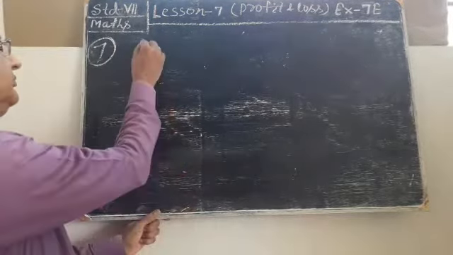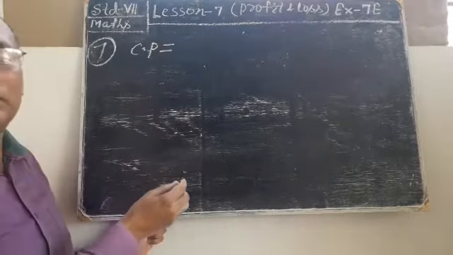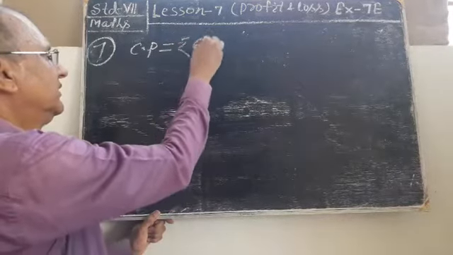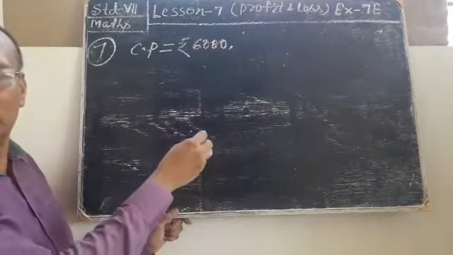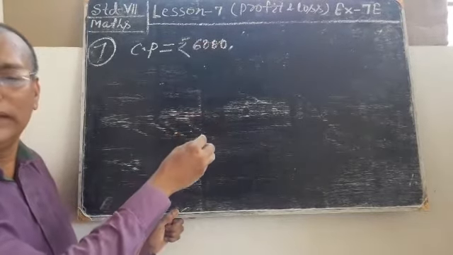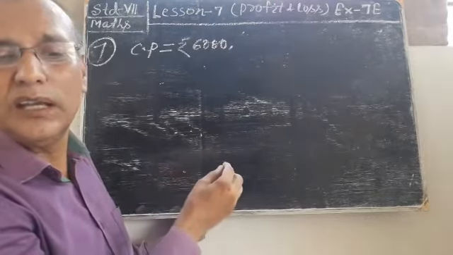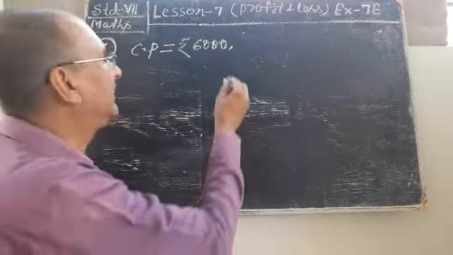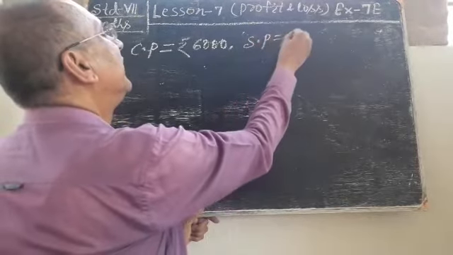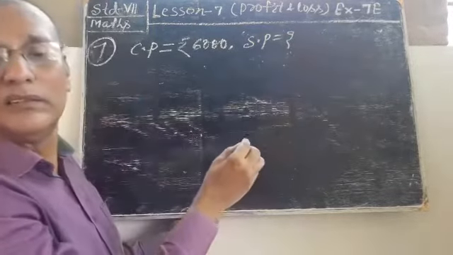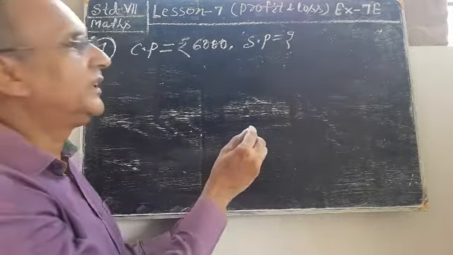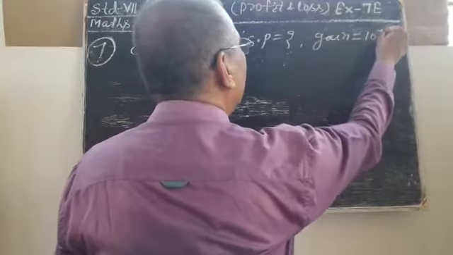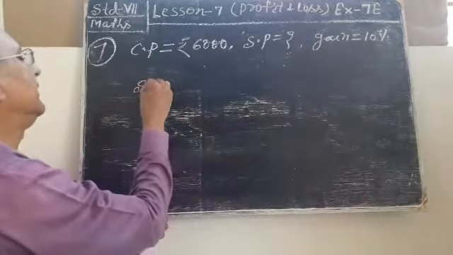Here CP is given, the CP of Tushar is 6,000 rupees, and the gain is 10%. SP we have to find out.